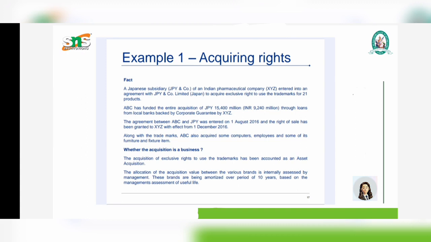ABC has funded the entire acquisition of J Company, 15,400 million, through loans from a local bank by the corporate guarantee of X and YZ company. The agreement between ABC and J was entered in August 2016 and the right was granted to XY with effect from 1st December 2016.